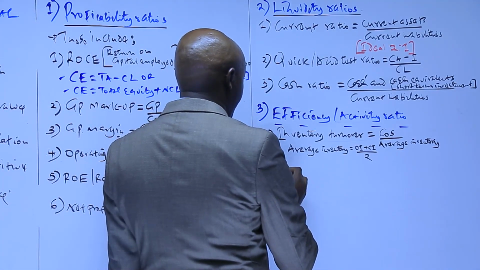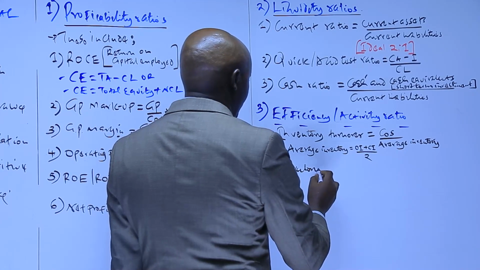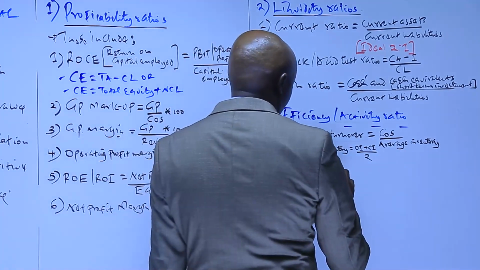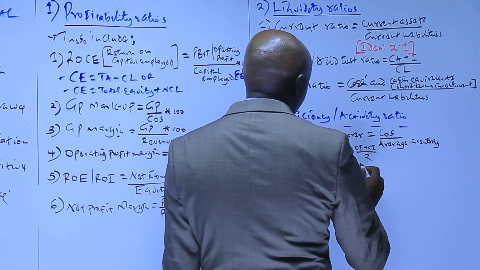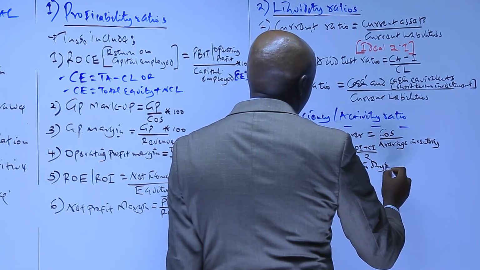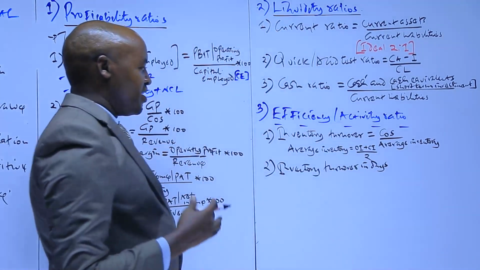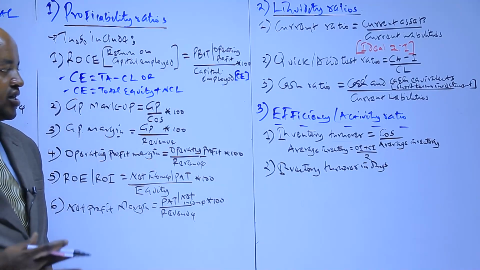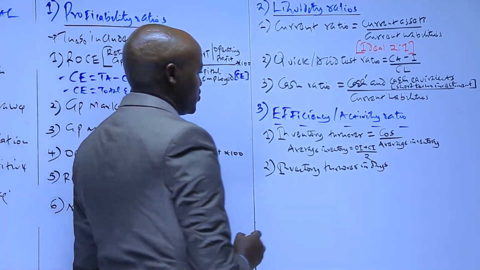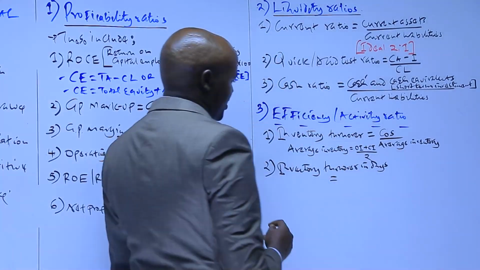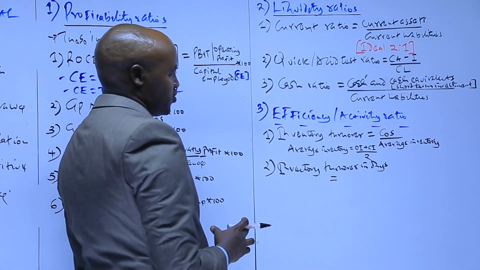Then we have inventory turnover in days. Some books also refer to this as the inventory holding period. It is a ratio computed to determine the number of days the company takes to make sales.